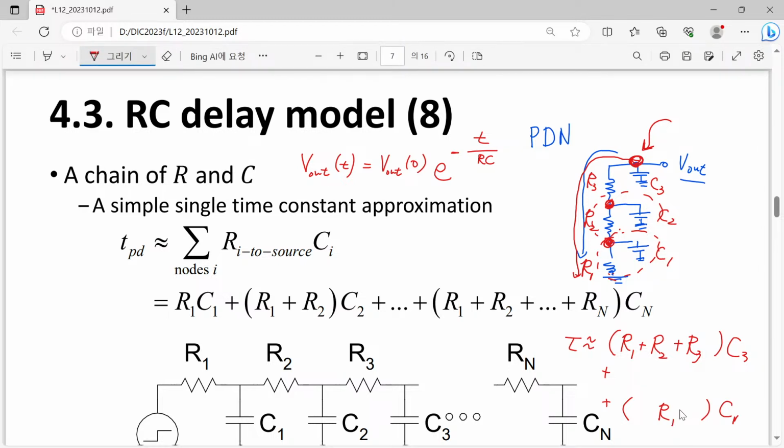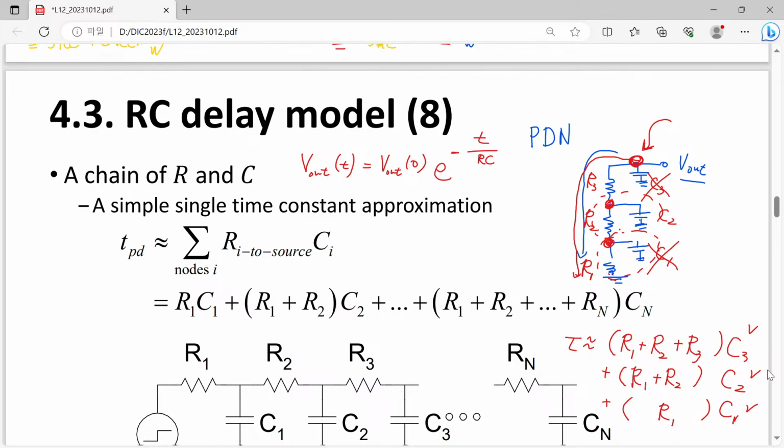And if we have only C2, let's say there is no C3 and no C1, then we must consider a product like R1 plus R2 times C2. Simply speaking, each of these three lines, 1, 2, 3, represents a time constant to discharge or charge a single capacitor.